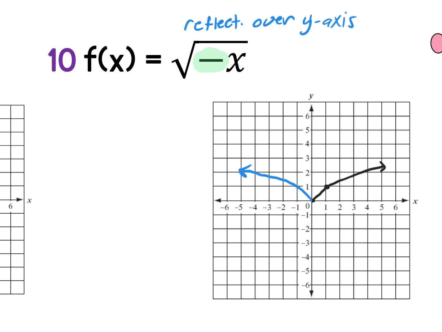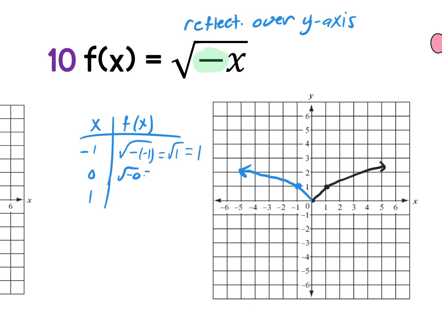It's going to look something like that. And again, if you aren't comfortable with making that reflection, make a table of values. We have x, f of x, and again, pick a few: -1, 0, and 1. If you plug in -1, we did this in the previous slide, we get -(-1), which is +1, so we get the square root of 1, which is 1. And then we end up at this point right here.